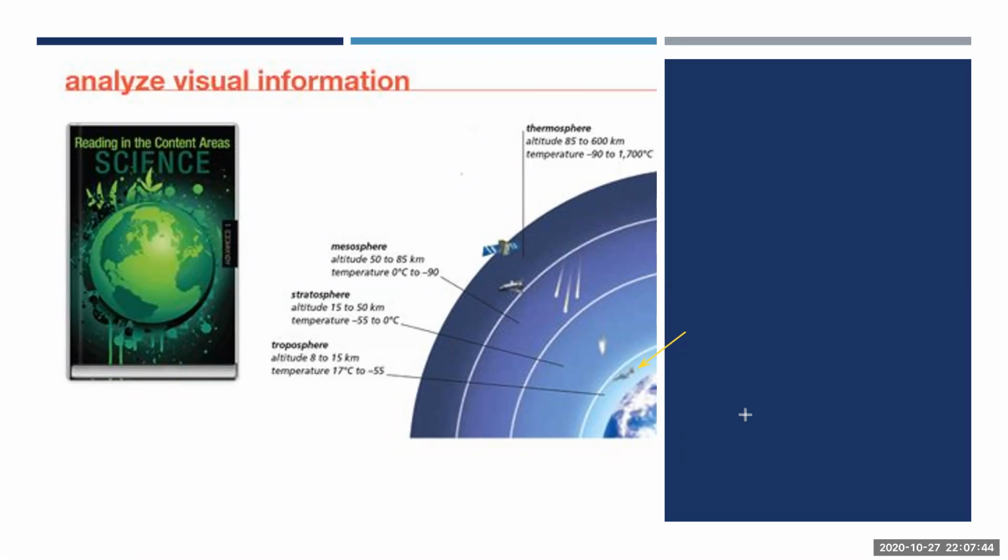And if I were to have you label where the plane is at, you could follow this other line here, and it is located in what is known as the troposphere. It's the closest level of the atmosphere to us. Okay.